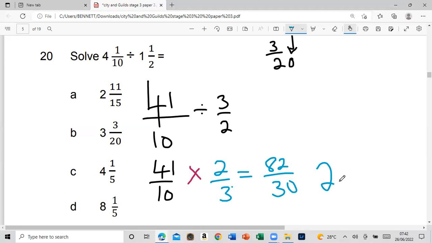So that was 60 and 22 over 30. All right, so this can be reduced by 2. Divide both of them by 2. So that's 11 over 15. So that's 2 and 11 over 15, which is B.